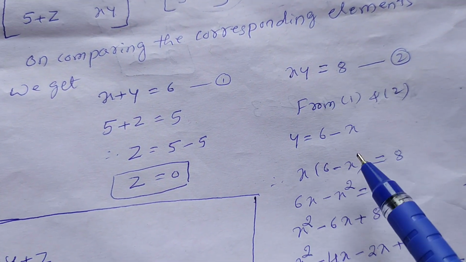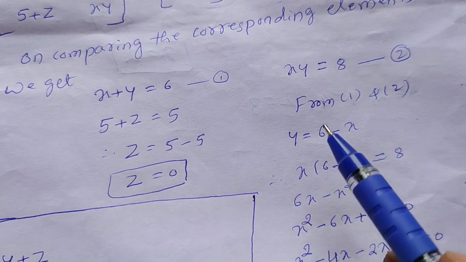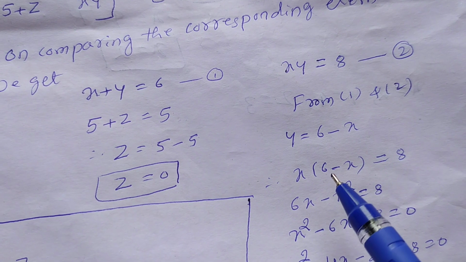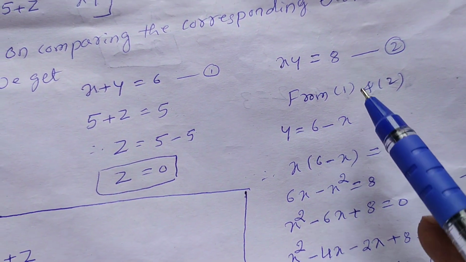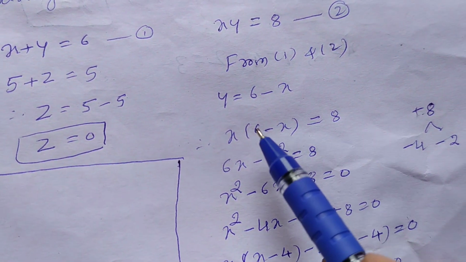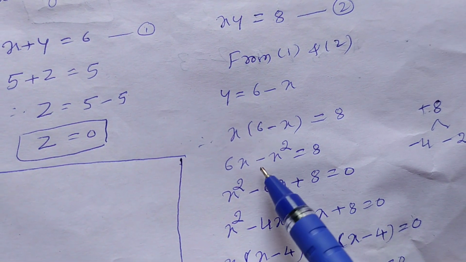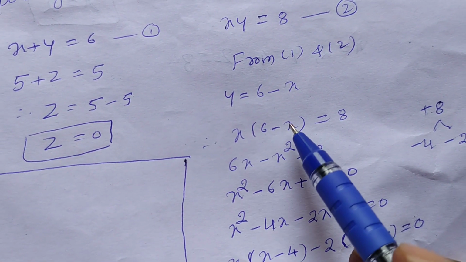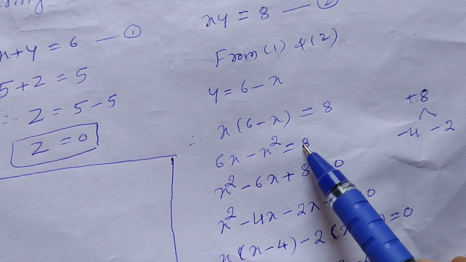The value of y is 6 minus x. So in place of y, here we have to put 6 minus x, and this is equal to 8. Now x into 6, that is 6x, minus x into x, x square, is equal to 8.